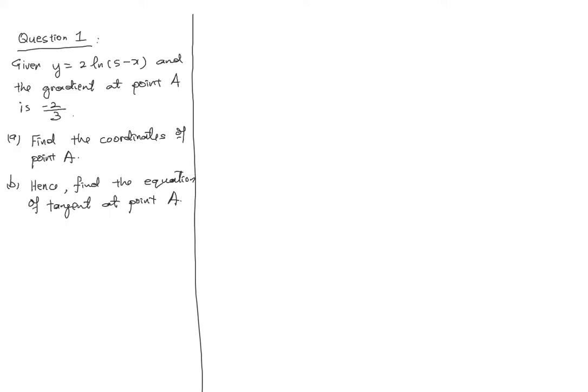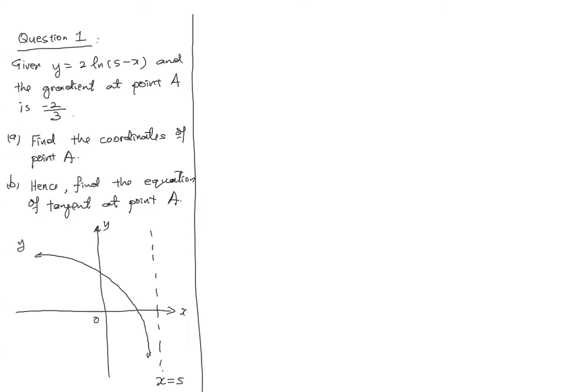So I try to sketch the graph and let you have the visual of it. Okay, so this is a graph of my y equal to 2 ln(5 minus x).